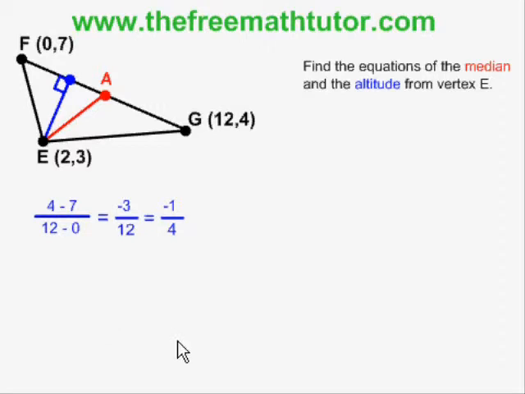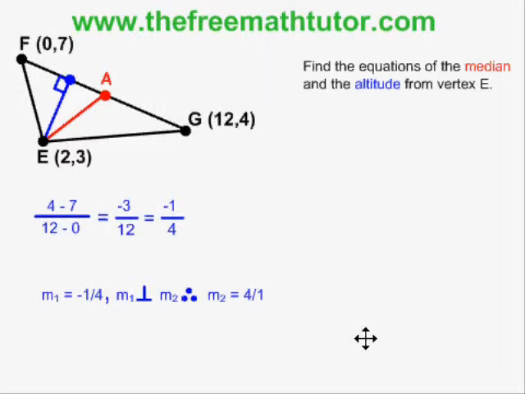Since the altitude has to be perpendicular to side FG, I can do my justification like so. M1 is -1/4, M1 is perpendicular to M2, therefore M2 must be equal to +4/1. The slope of the altitude from point E is 4, and can be expressed as a fraction as 4/1.